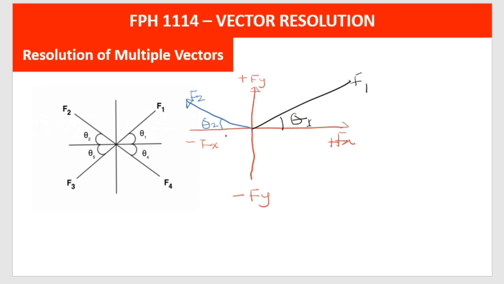Here we have F3. It has an angle to the horizontal called theta 3. Here we have vector 4 called F4, and it has an angle to the horizontal. We call it theta 4. Alright, this is exactly what we have here from the other diagram.